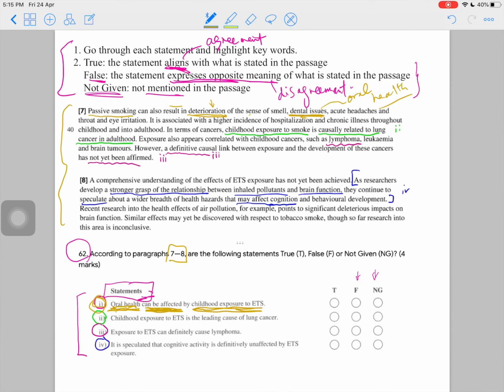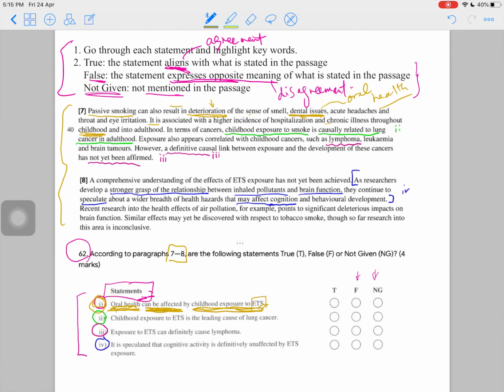So here, if you're looking a bit further, it is associated with higher incidence of hospitalization, chronic illness throughout childhood and into adulthood. Okay, so we are talking about childhood, and we are talking about passive smoking.